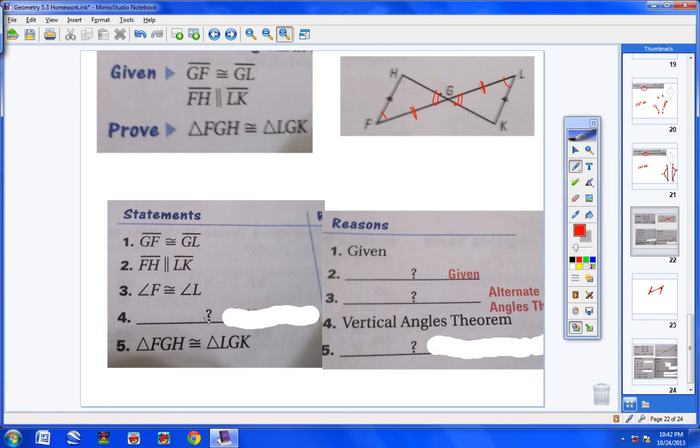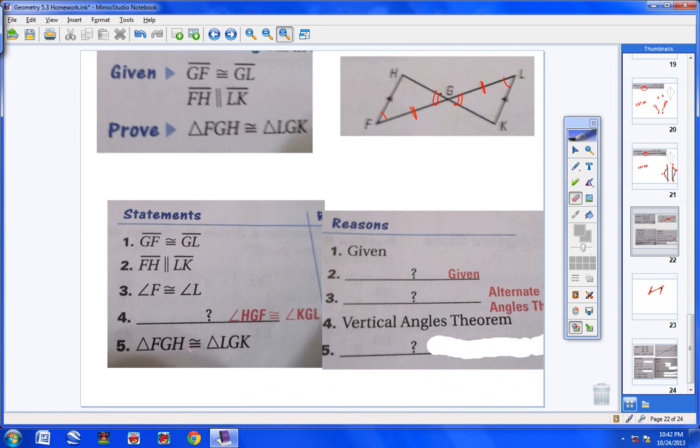So what would I write over here? Which two angles are congruent because they're vertical angles? Well, angle HGF and angle KGL are congruent. So let's quickly take a look at this. And there it is. Angle HGF and angle KGL are congruent.